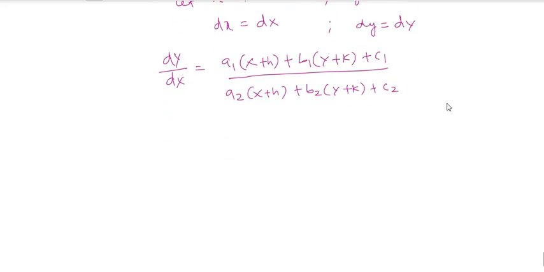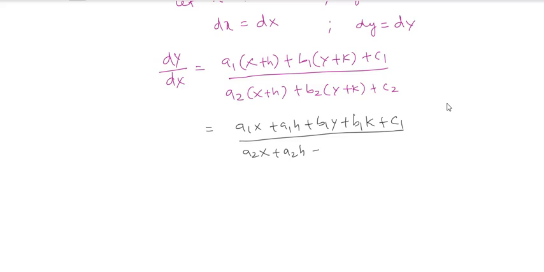So now I will just multiply these things. This is just a method, that's all, nothing more than that. So a1X plus a1h plus b1Y plus b1k plus c1 divided by a2X plus a2h plus b2Y plus b2k plus c2.